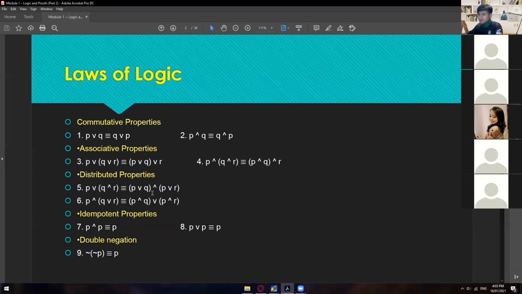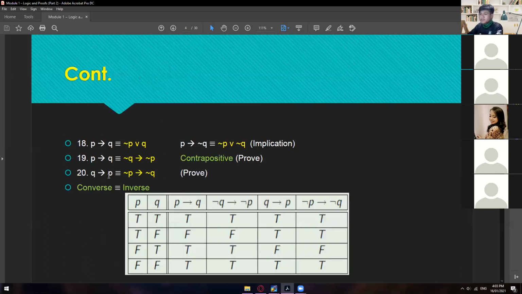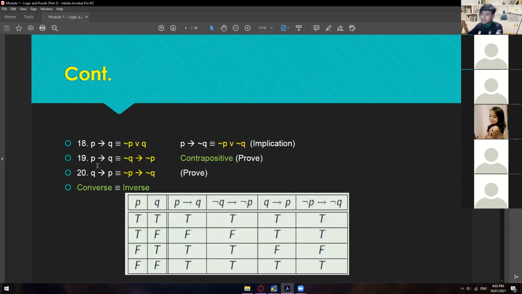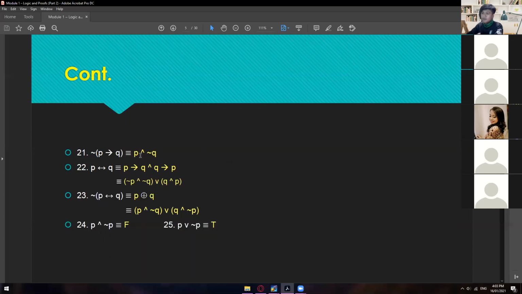You guys already know those kinds of methods. But for the others, like for example 21 and then 22 and then 23, okay, they've used the laws of logic, this one and this one, on how they've come up with such expressions.